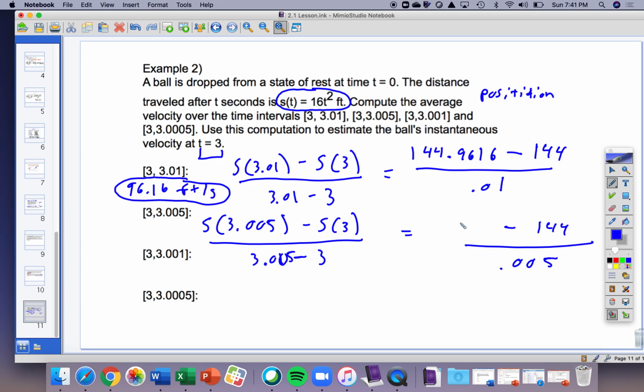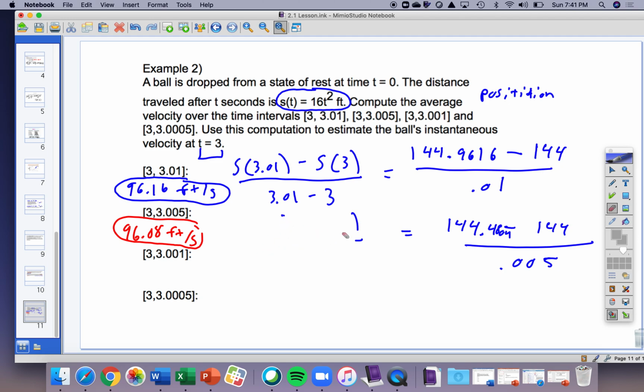And I get 144.4804. And then here I get 96.08 feet per second. Okay, so a little bit different. Our job is to see if this approaches any specific value. I'm just going to erase this so I have some room here.